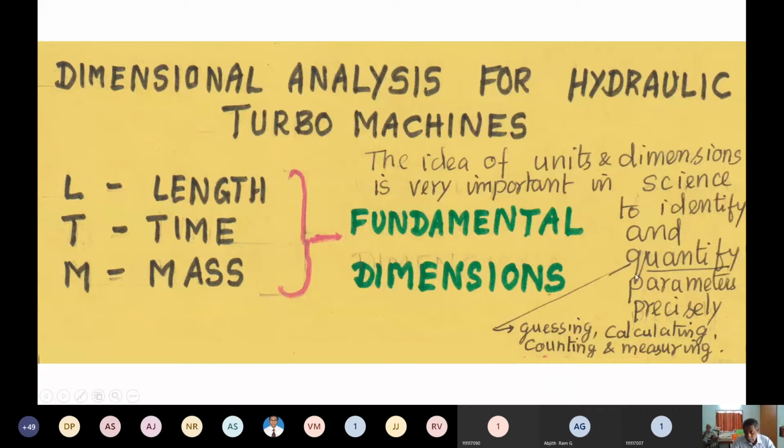Okay, so quantification is important, and what is it that you quantify? That is the dimension. So precisely what is it? That is scientifically given by the dimension. Now there are three fundamental dimensions: length, time, and mass.